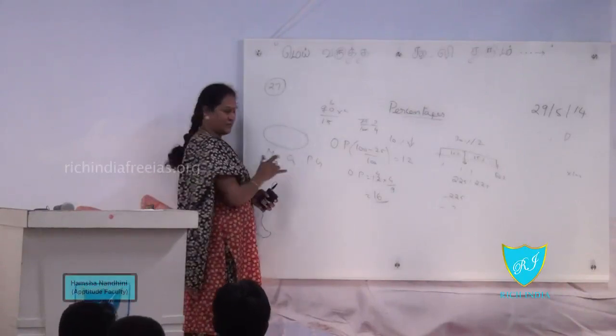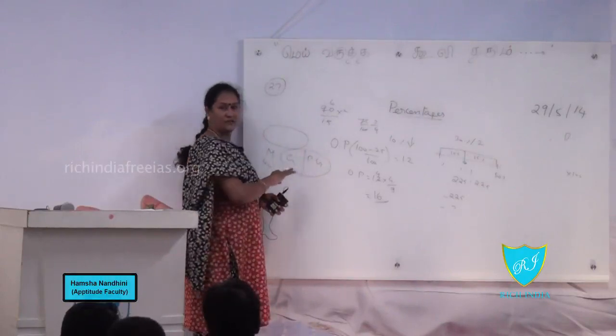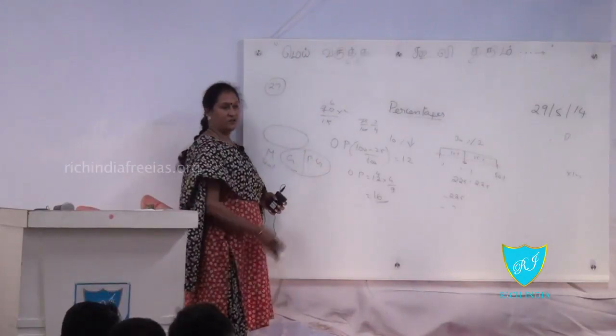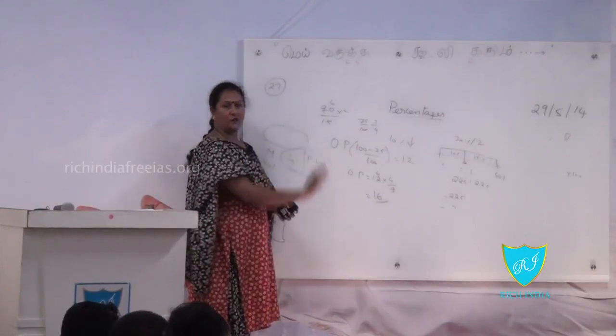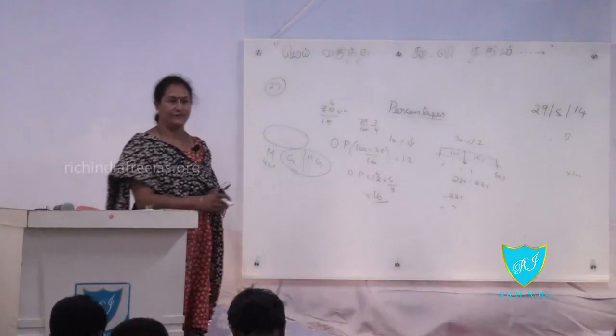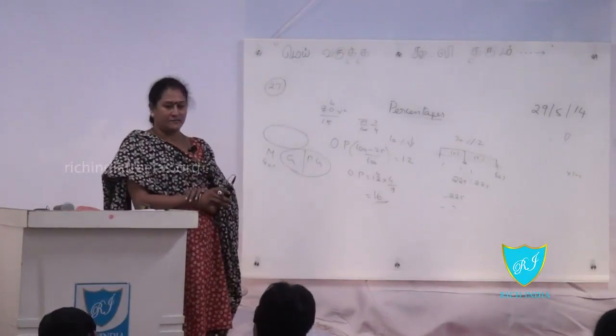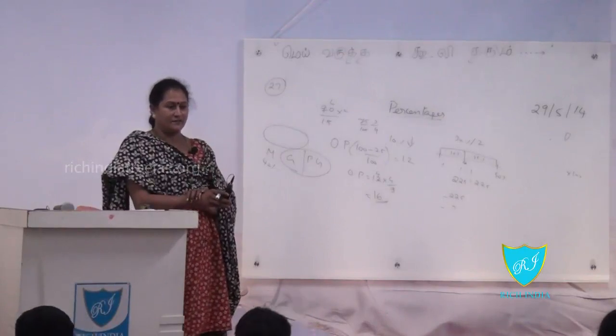Matriculates are 40%. In the remaining 50%, half are graduates and half are postgraduates. So as they have given 50, it means half in the remaining. So 228 is the answer.